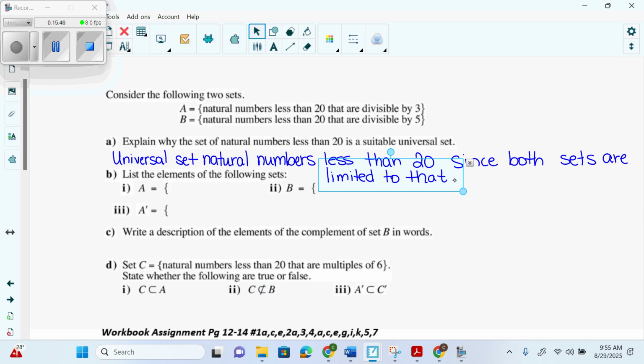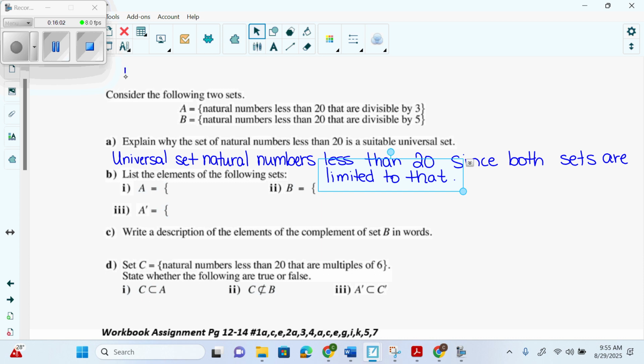So we're using definitions from yesterday. Natural numbers. What do the natural numbers start with? Remember, natural numbers are the numbers you count as a toddler. What do we start with? 1. And we want less than 20. So what are we going to stop at? 19.